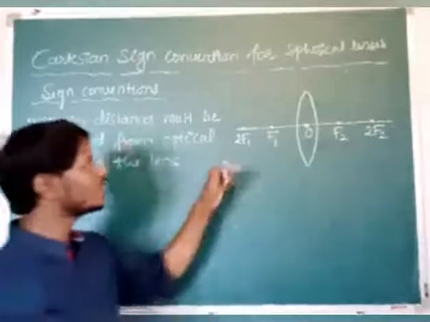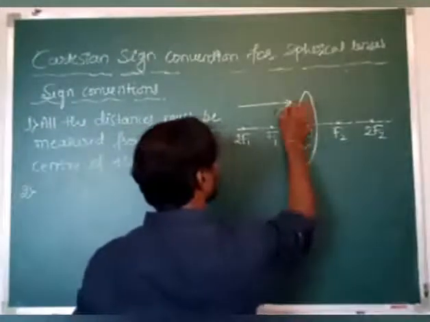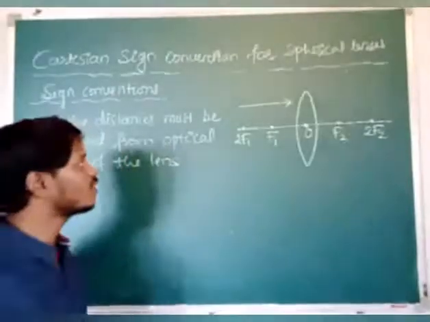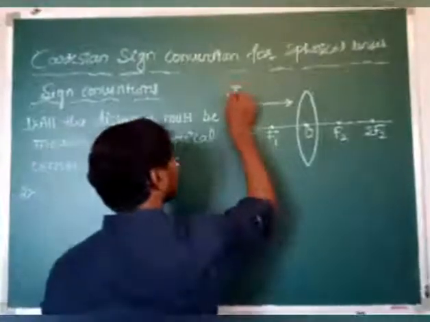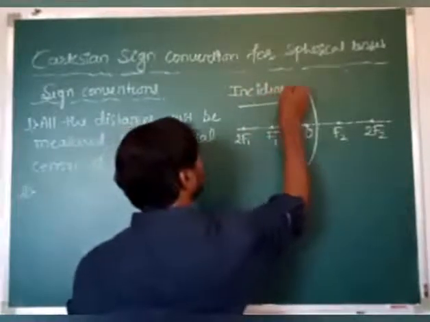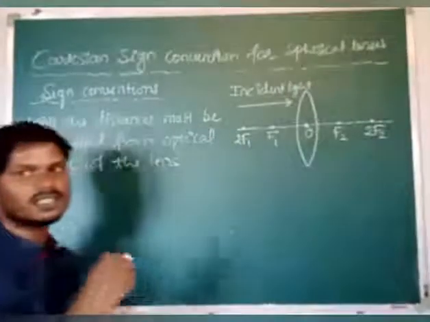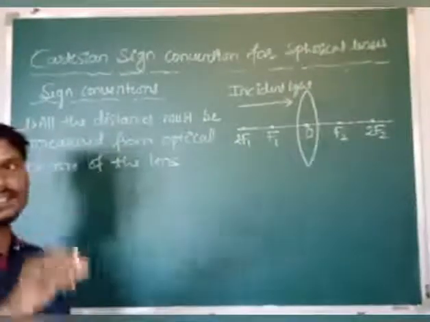The distances measured in the direction of incident light are taken as positive. Why?